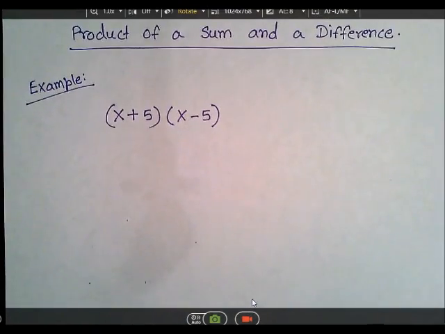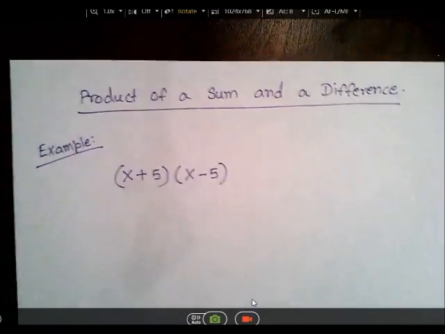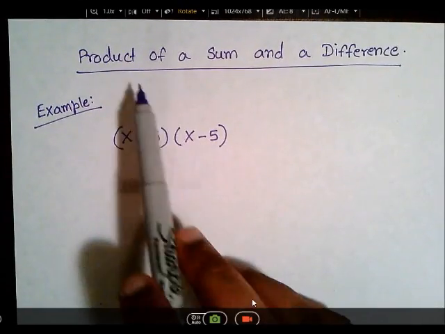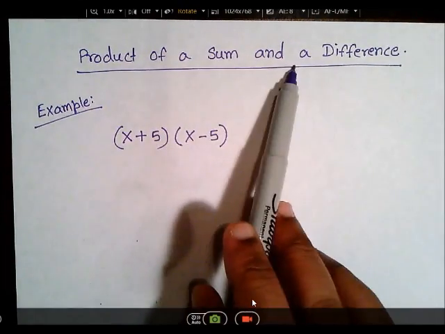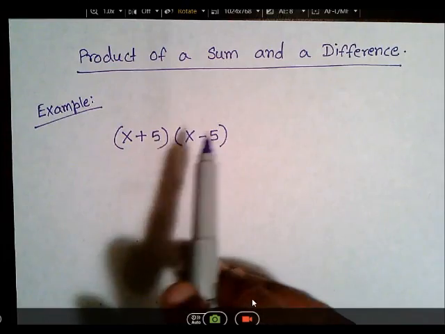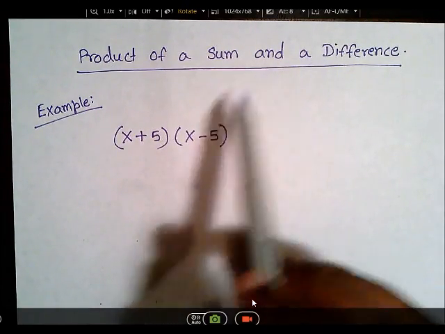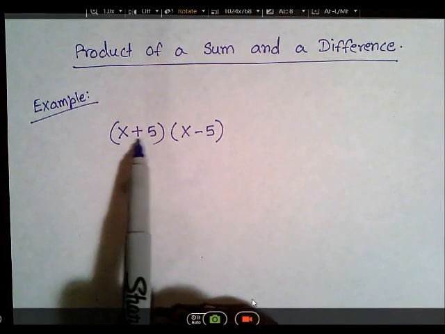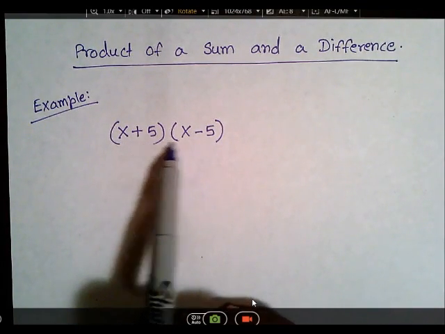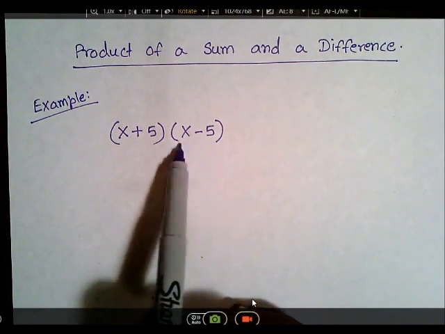Alright, so now comes the second special type, which is the product of a sum and a difference. What do I mean by product of a sum and a difference? We saw that my binomial could be addition of two terms or subtraction of two terms.